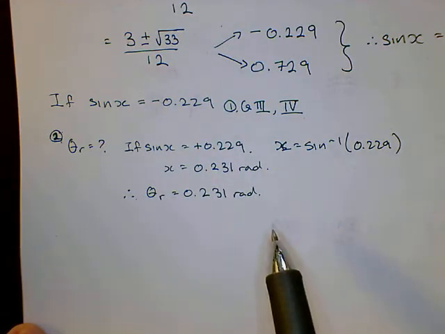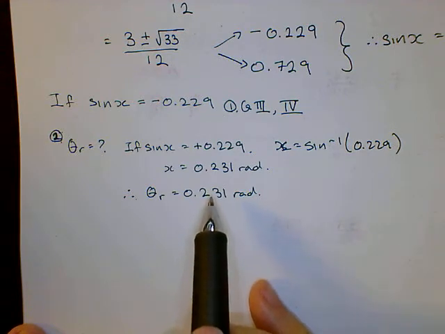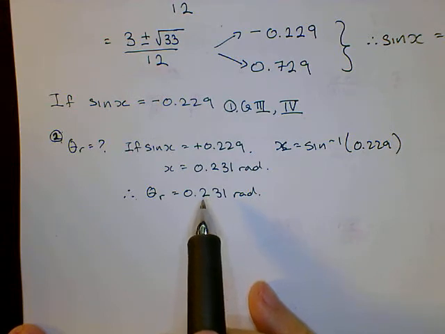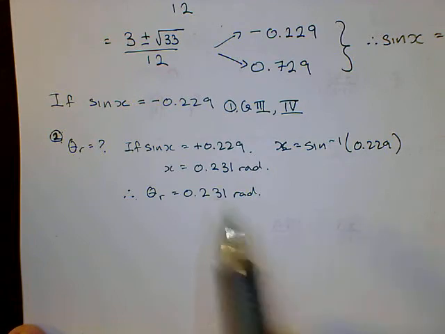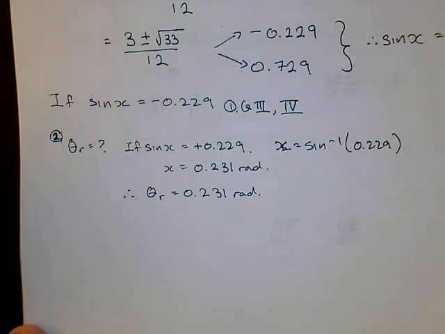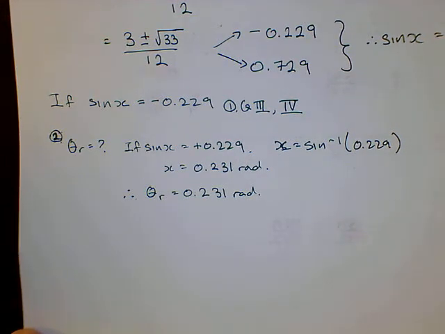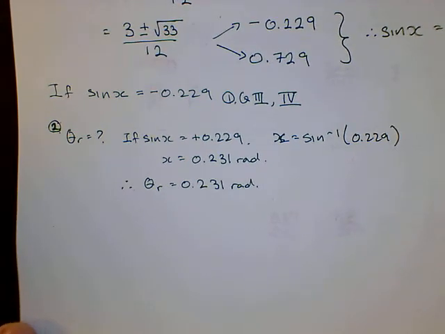Yeah, 13.2, that should be degrees. 13.23 degrees. It says radians there, and then when I switch it to degrees... Maybe it's because of the phone thing. I don't know. All I know is it should be 0.231 radians. I'm not sure how the phone calculators work.